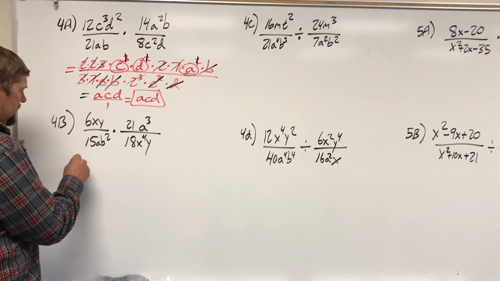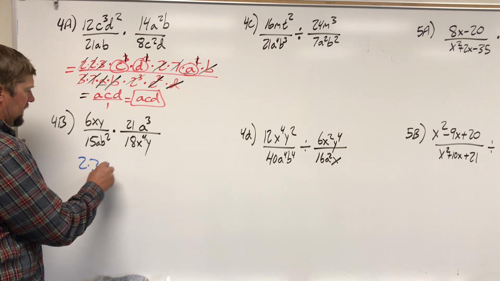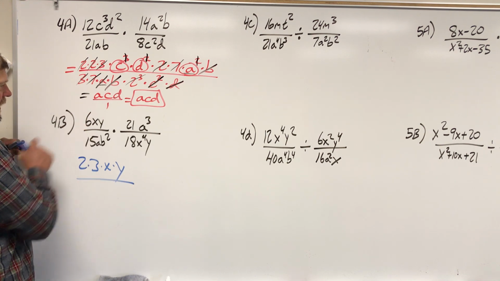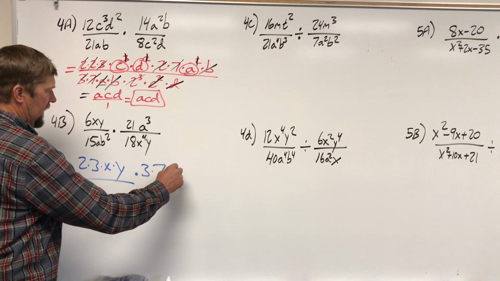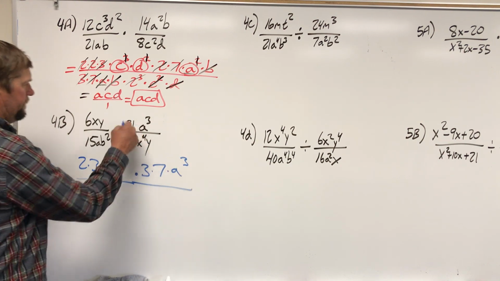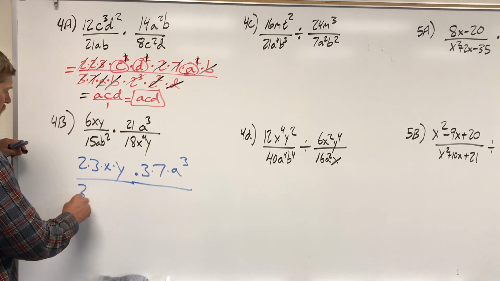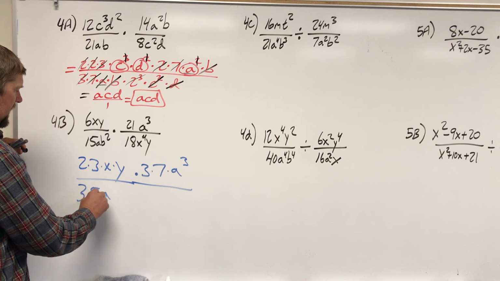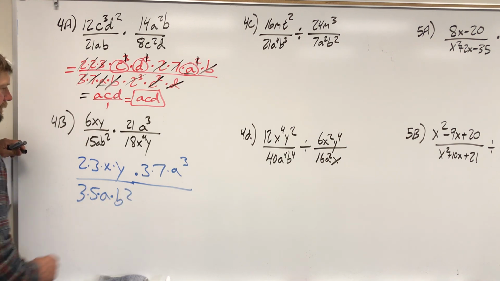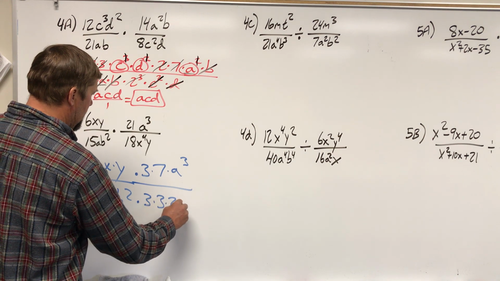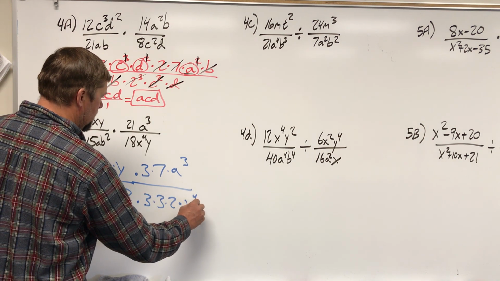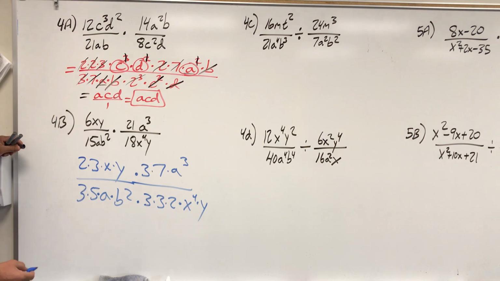So, all right, next one, 2 times 3 times x times y for this numerator. I've got 3 times 7 times a cubed for this numerator. I've got a 3 times 5 times a times b squared. And then I have a 3 times 2 times x to the 4th times y for this denominator.